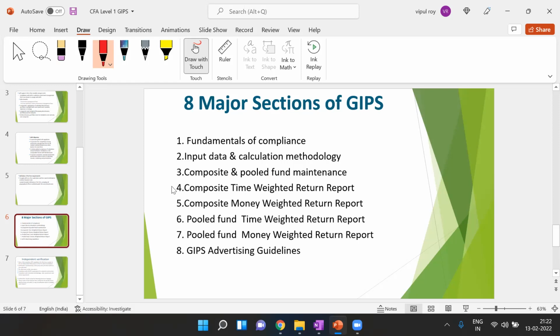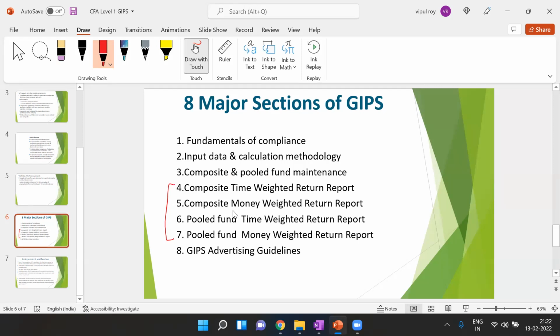Now there are different types of composite given here. From section 4 to 7, they have talked about composite. This composite is based on time weighted rate of return. In quants we have seen what a time weighted rate of return is: we measure the performance of a stock over a period of time.